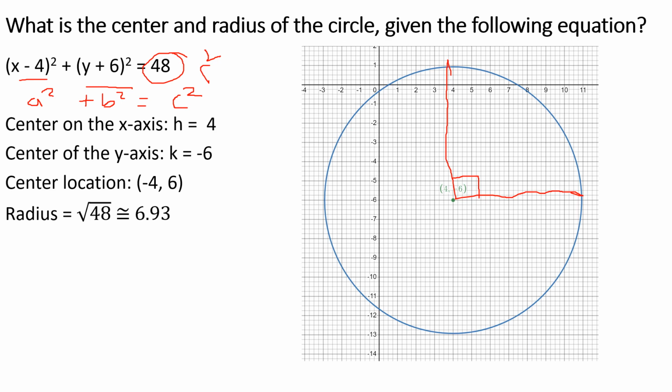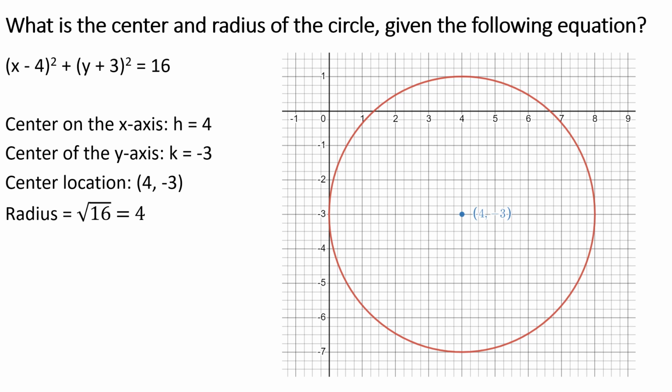They gave us 48, so the square root of 48 is the radius, which is 6.93. If you count here on the x-axis, we go from 4 to 0 is 4, 5, 6, almost 7, and that's why it's 6.93.